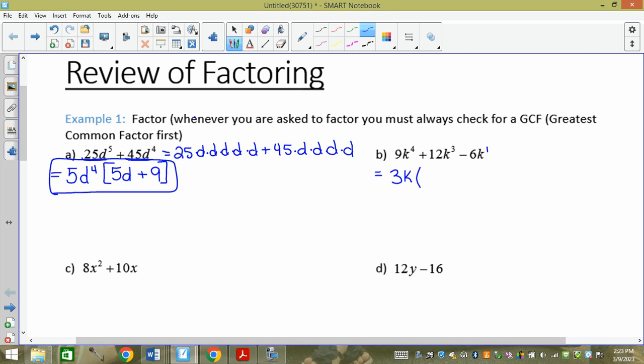Then I go 9 divided by 3 is 3. k^4, take out a k, k cubed. Plus 12 divided by 3 is 4. k cubed, take out a k, k squared. And then negative 6 divided by 3 is negative 2. k, take out a k, done. That's it.